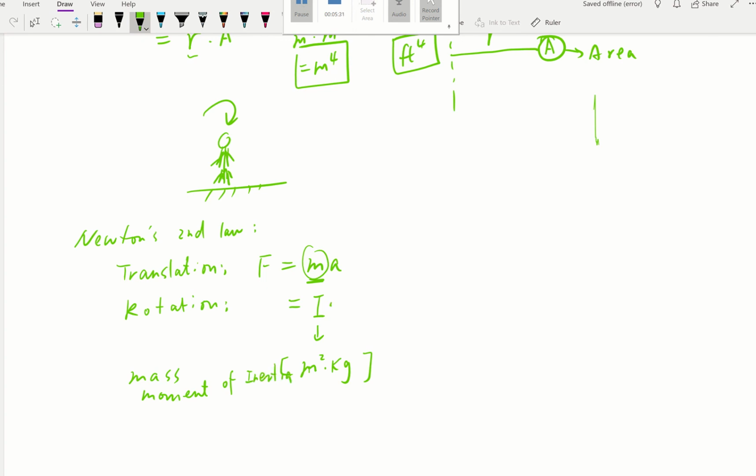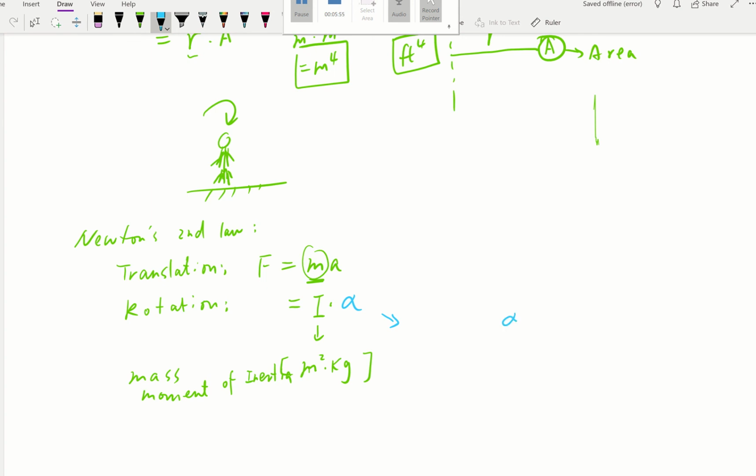Okay, and then what would be the counterpart for acceleration? Acceleration is going to be angular acceleration, that's our alpha. Check out the angular acceleration video from last time. What would be the angular acceleration unit?